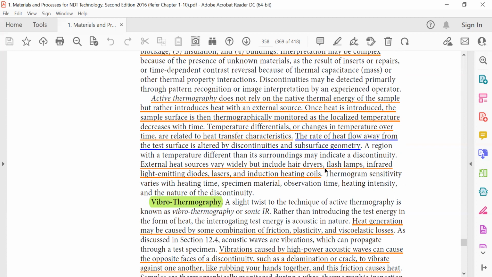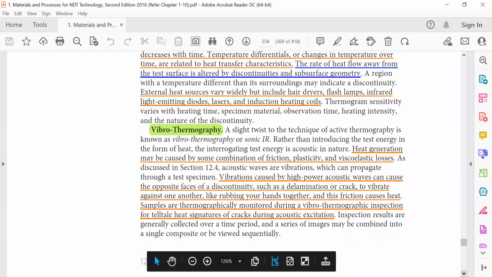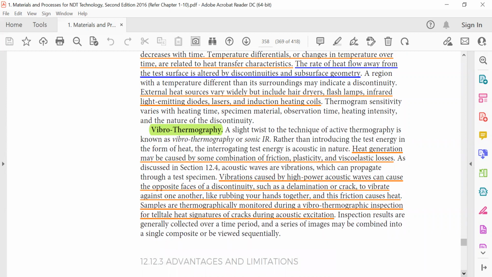External heat sources vary widely but include hair dryers, glass lamps, infrared light emitting diodes, lasers, and induction heating coils. So with one side heating, you can see from the other side or the same side, whichever you want to see.